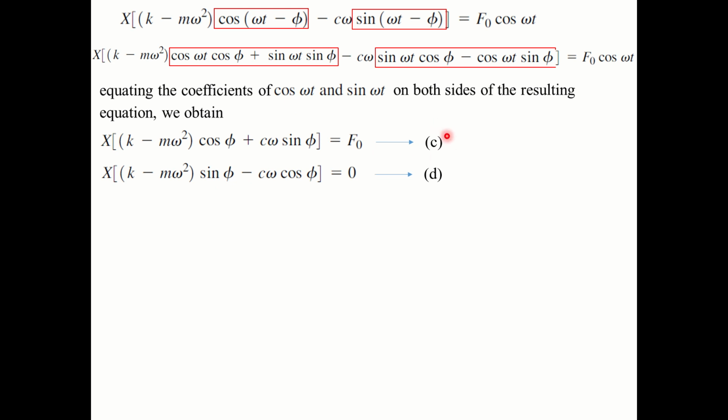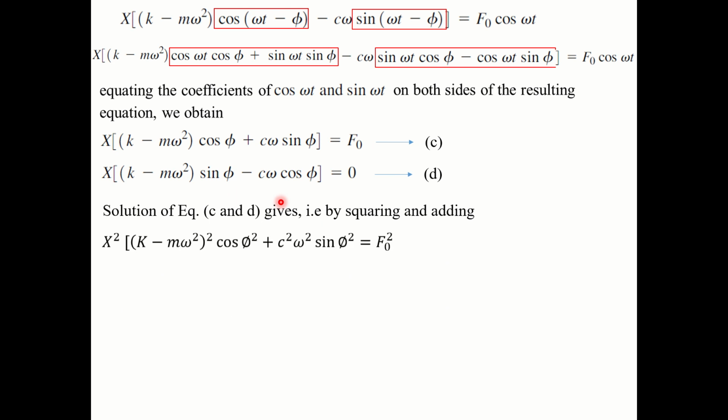So I am calling these equations C and D. Now you have to find the solution for C and D. What you have to do is square and add them. If we add, you will get x square (k minus m omega square) whole square cos square plus c square omega square sin square phi equals f naught square.